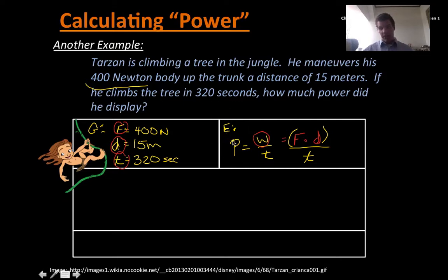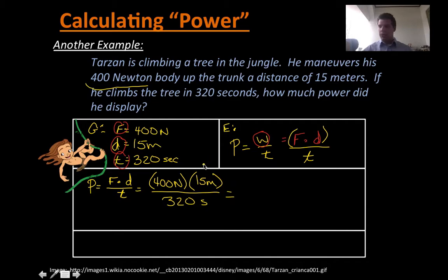So instead of writing power as work divided by time, we're going to write power as force times distance divided by time. So we'll do that down here. Power equals force times distance divided by time. And then we can just plug in all our numbers. Force is 400 newtons. The distance is 15 meters. And the time is 320 seconds.